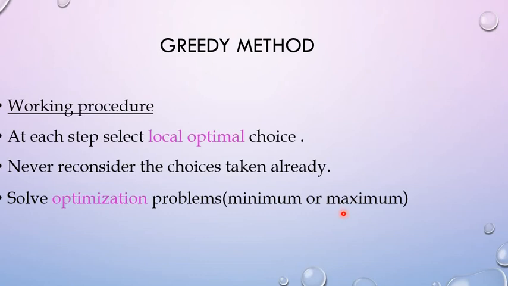Maximization: if I want to have maximum profit by using minimum material, that type of problem can be solved by the greedy method. So if a problem uses the word minimum or maximum, that type of problem is solved by the greedy method. Greedy means the desire to have more. That's why this technique has the word greedy.